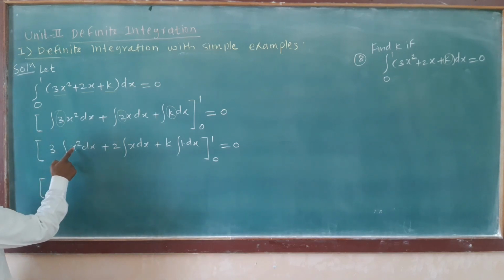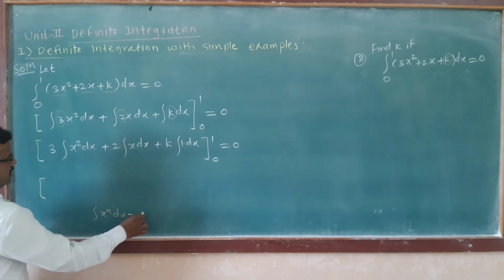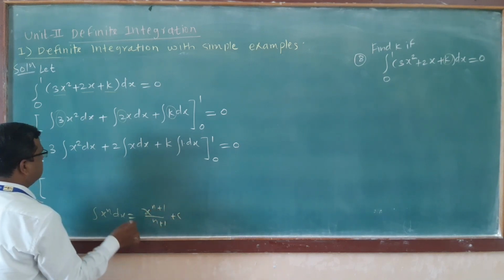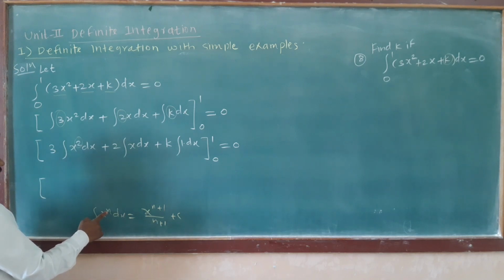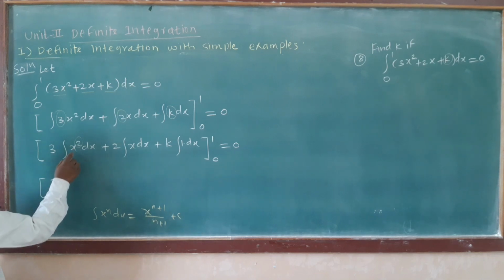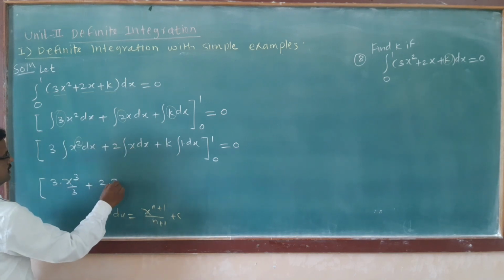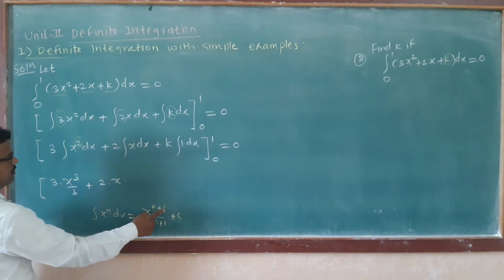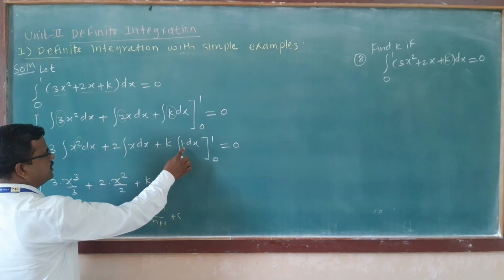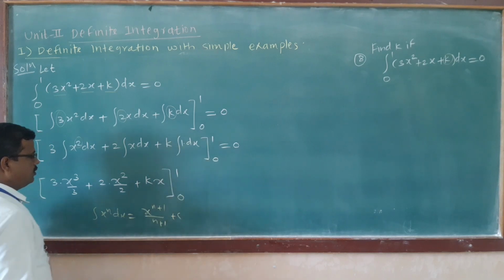Therefore, now integration of x raised to n dx is equal to x raised to n plus 1 upon n plus 1 plus c. So, n is here 2. So, put n 2, that will be 2 plus 1, that means 3, that is 3 into x cube upon 3 plus 2 into integration of x raised to 1, put n 1, 1 plus 1, x square upon 2, plus k into integration of 1, this is standard integration, x, within the limits 0 to 1.